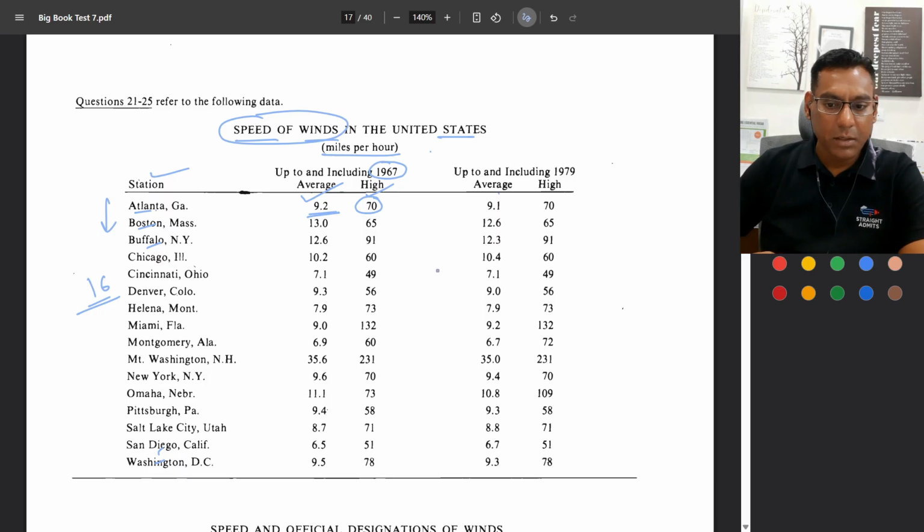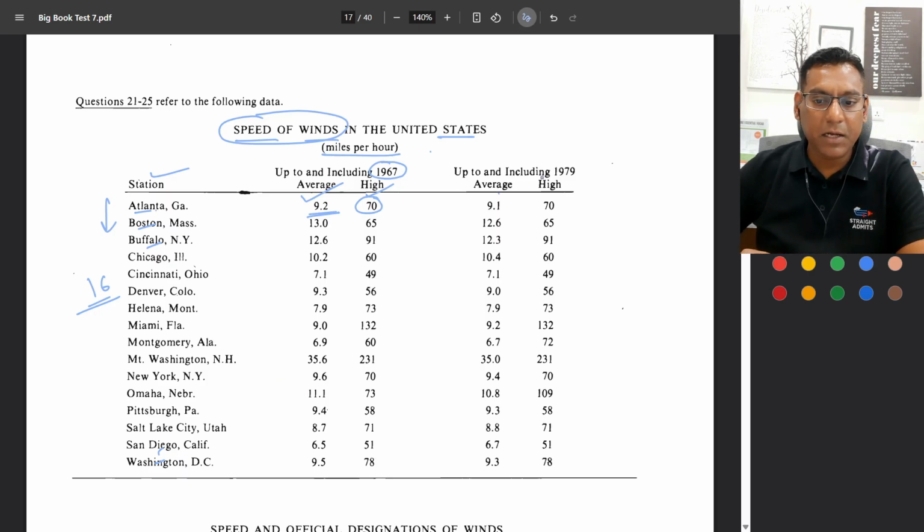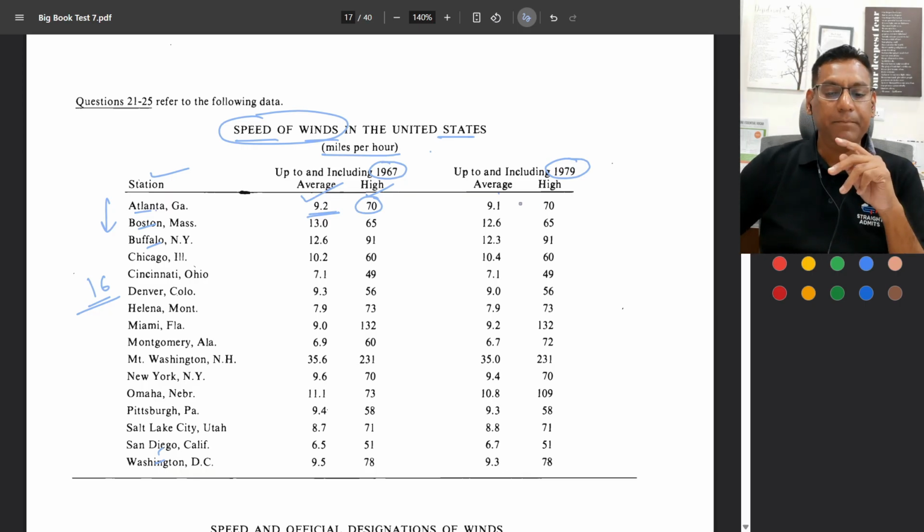And this is the same table up to and including 1979. So till 1979, they did the same calculation, and the only difference here is that they have 12 more years of data in this. The average was 9.1, the highest was 70. The highest was 70 here also.